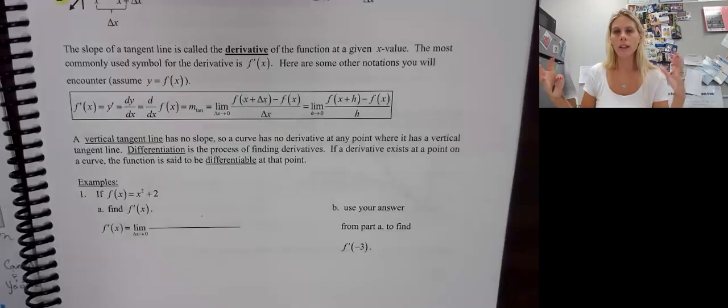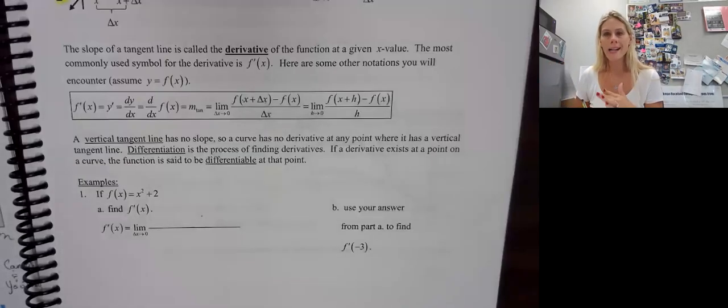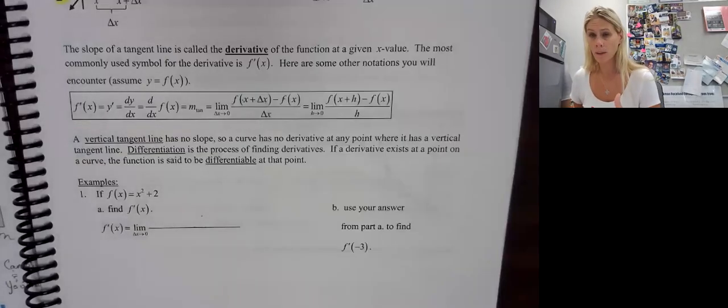Let me actually summarize that. If we can find a tangent line that has a slope that is not a vertical tangent line, because remember that a vertical tangent line has an undefined slope. So if we have any tangent line that has a slope to a curve there, it is said that it is differentiable, okay?